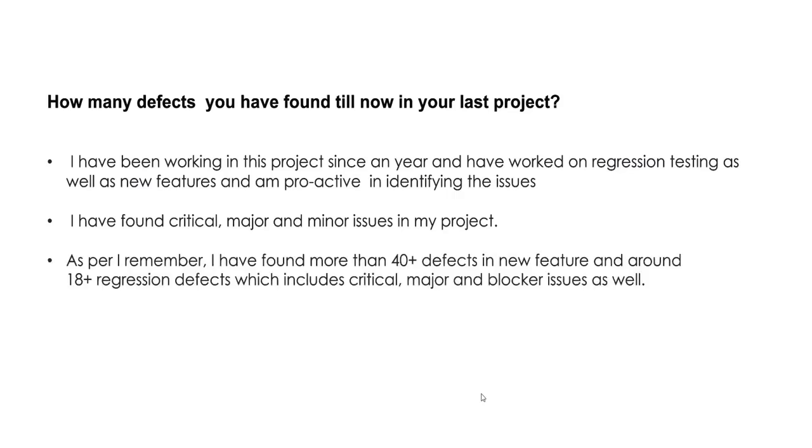As far as I remember, I have found more than 40 defects in a new feature and around 18 regression defects, which include critical, major, and blocker issues as well. So you just specify an approximate number. You don't have to specify the exact number, which is acceptable, right?